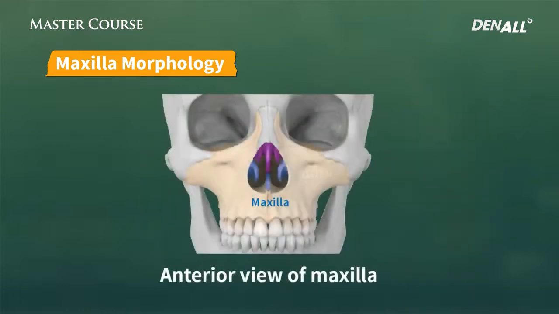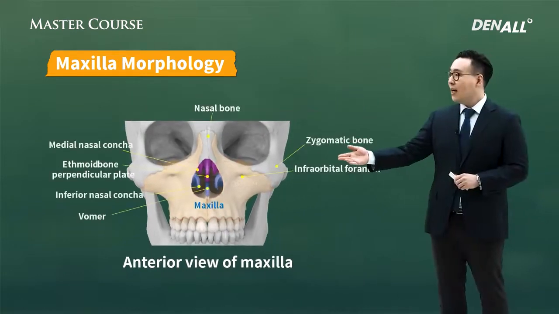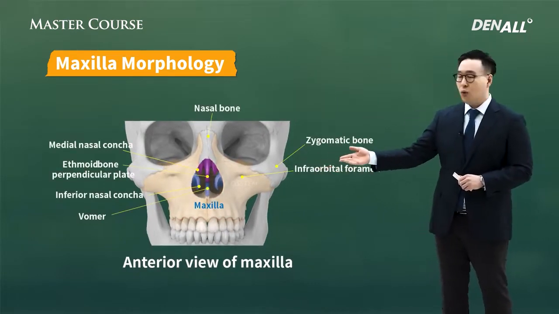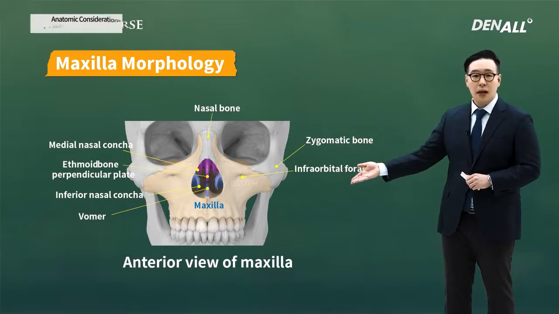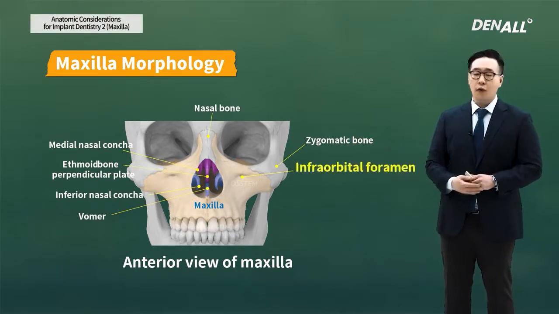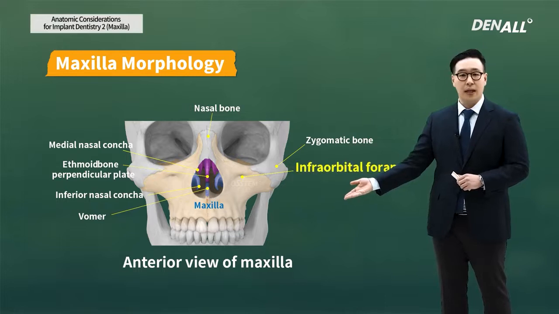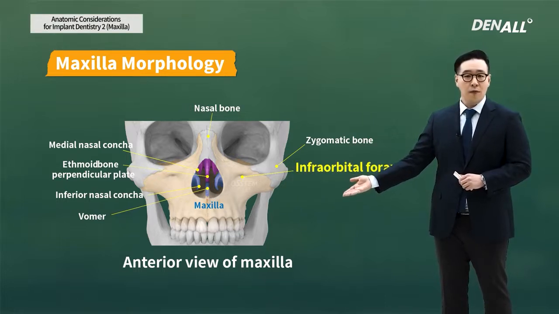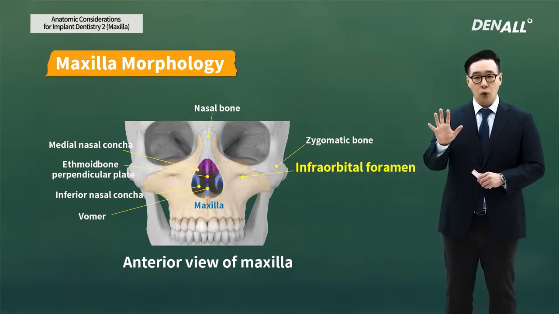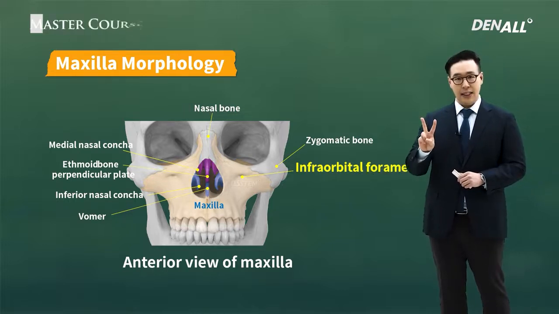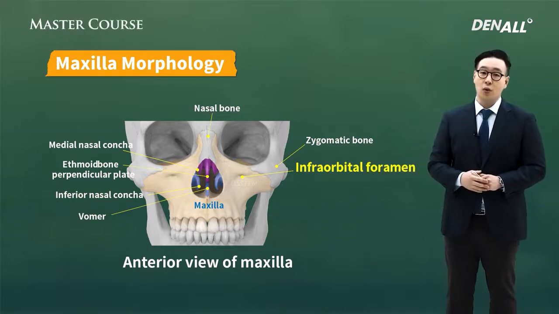Now, the beige colored area is the maxilla bone area. And from the nasal cavities and also under the eyes, the infraorbital foramen exists. This infraorbital foramen is where the second branch of the fifth cranial nerve exits.